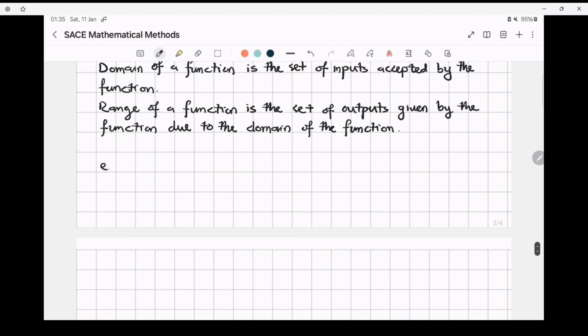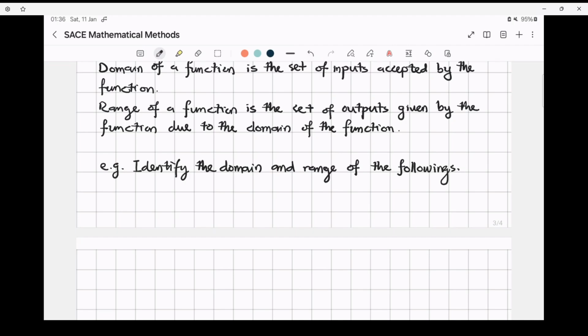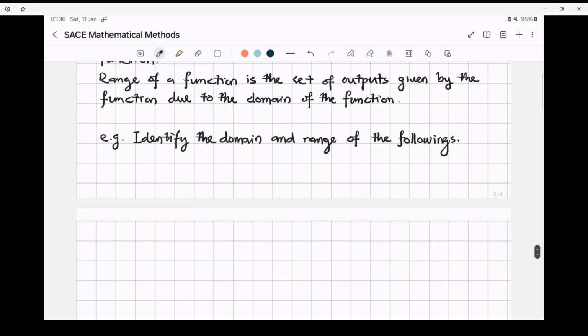So for example, let's say we want to identify the domain and range of the following. So for the first one, we have something like this.